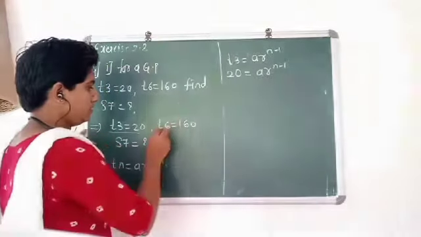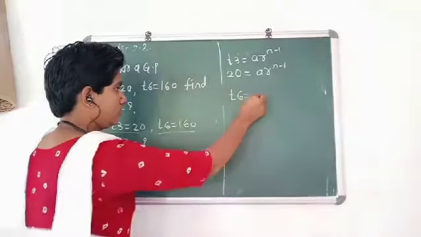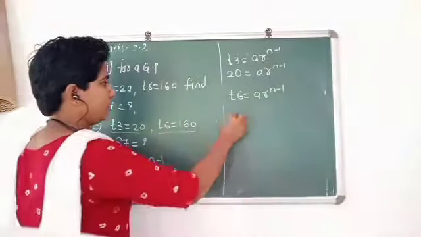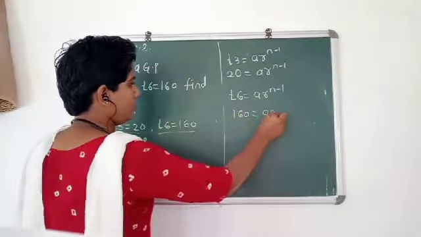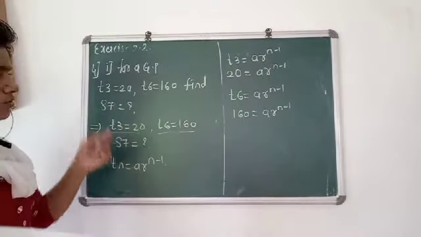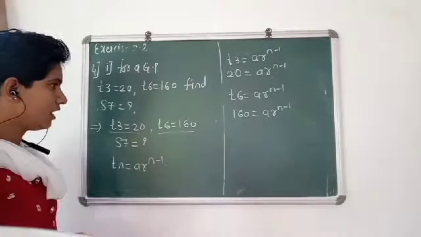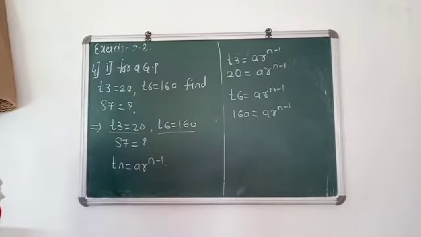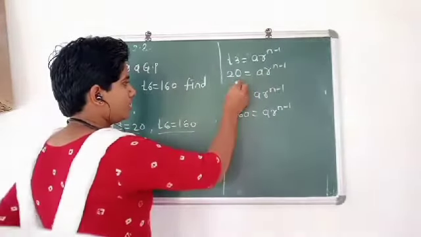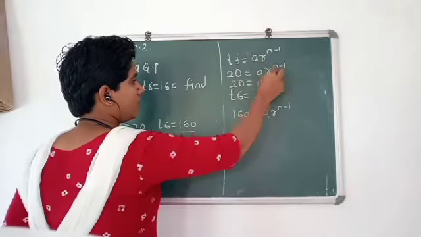Similarly, T6 is given, that is the sixth term of geometric progression. So T6 is equal to a into r raised to n minus 1, and the value of T6 is 160. To find S7, we first need to find a and the common ratio r. Here the third term is given, so n is 3. Then 20 is equal to a into r raised to 3 minus 1.